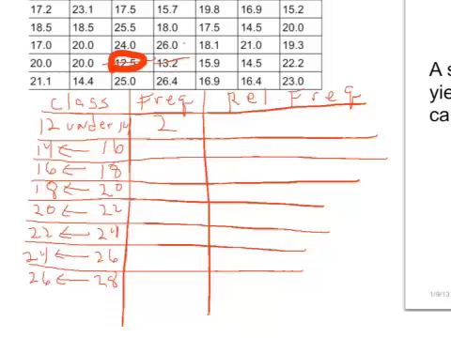So 12 to 14 we have 2. 14 to 16, do these a couple of times here. 14, so there's 1, 2, 3, 4.